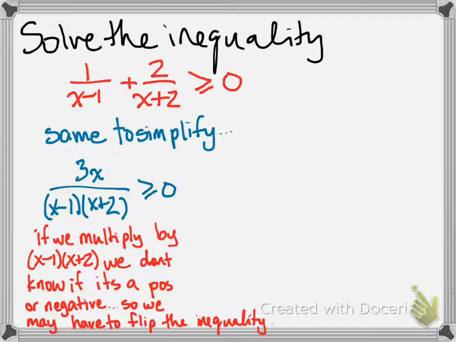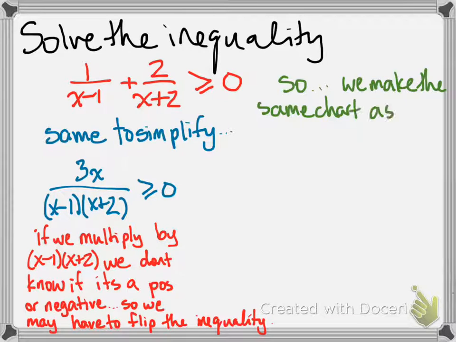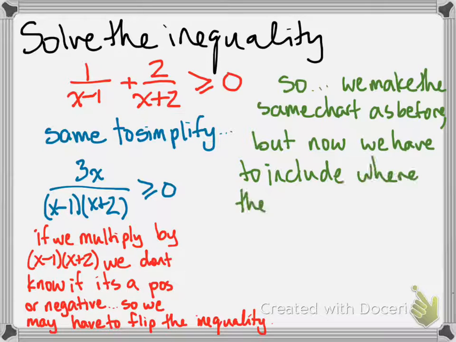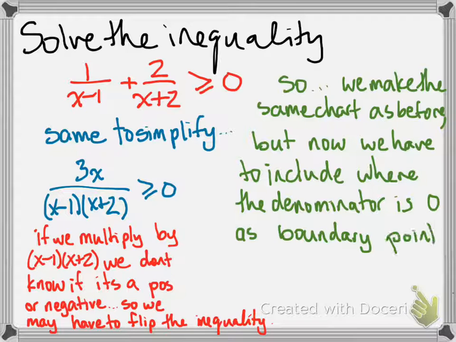That's a problem. So what we need to do is make the same chart as before, except now we're going to include where the denominator equals 0 as boundary values. Okay? So that's the plan. We're going to make exactly the same chart, but we're going to include where that denominator is equal to 0 in our boundary values.